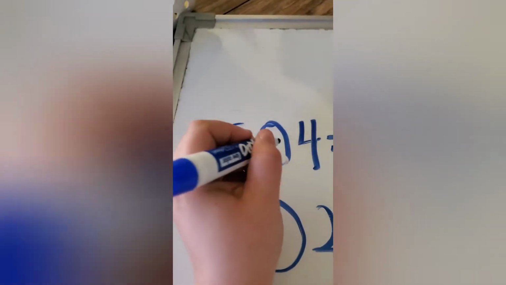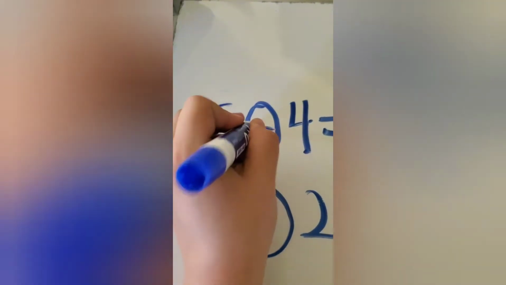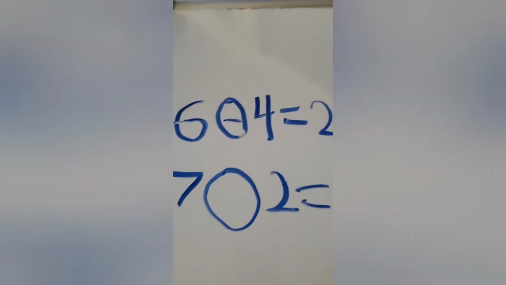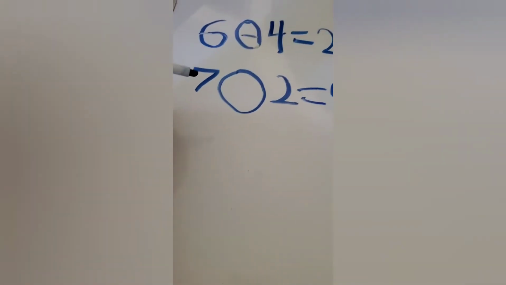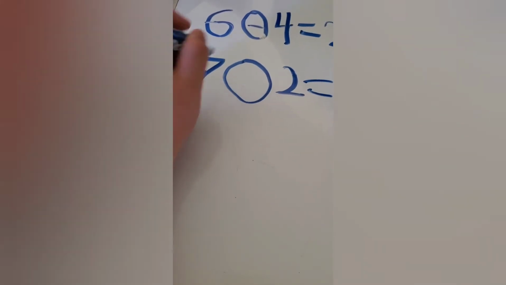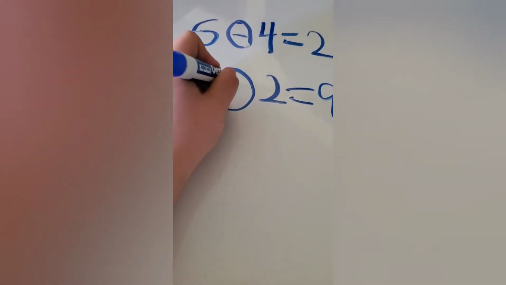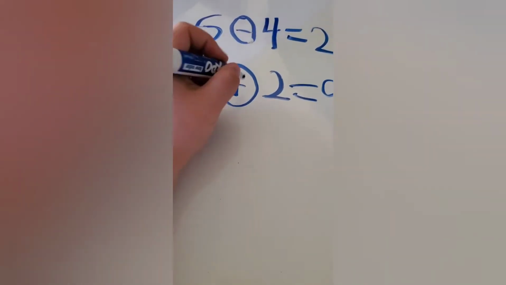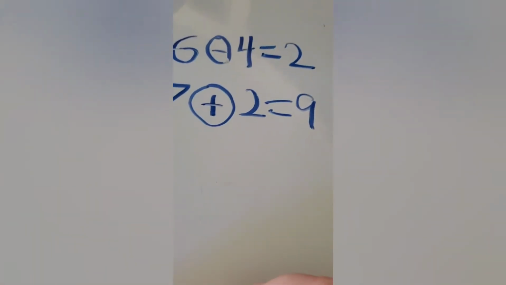You're right, it's a subtraction sign because 6 take away 4 equals 2. Now what's the sign that I have to put in here? Is it addition or subtraction? 7, 2 equals 9. You're right. It is the addition sign because 7 take away 2 is 5. 7 plus 2 equals 9.